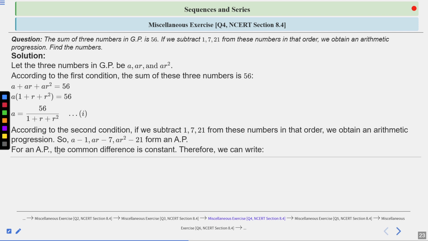For an arithmetic progression, the common difference is constant. According to the definition of arithmetic progression, if three numbers a, b, c are in arithmetic progression, then the difference between two consecutive terms must be the same.